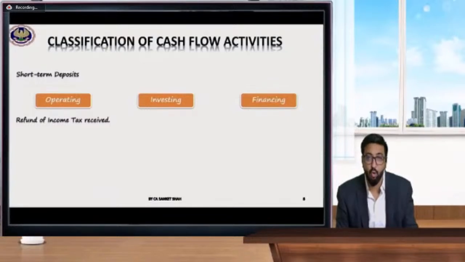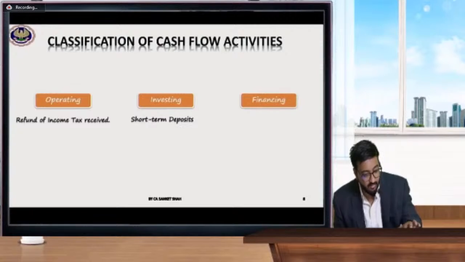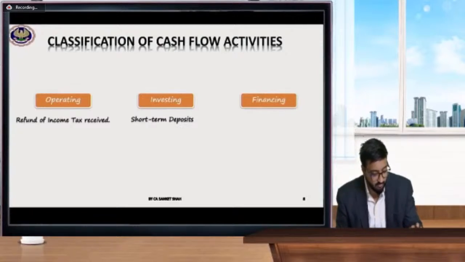You can write O, I, and F. Only three letters. So the second one is investing activity. It might be short term or long term. In the cash flow statement it doesn't matter whether it's long term or short term. So number two, investing activity.